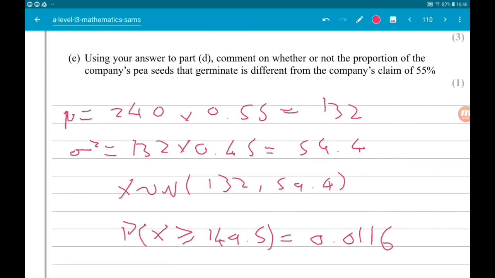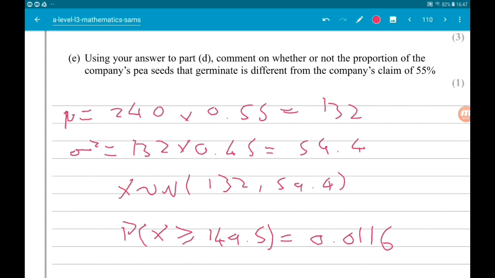Okay, then the final part says, using your answer to part D, comment on whether or not the proportion of the company's seeds that germinate is different from the company's claim of 55%.